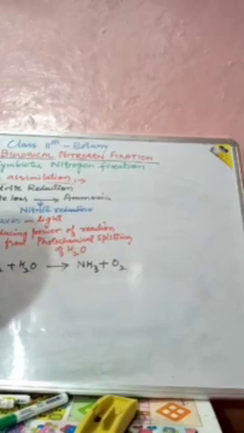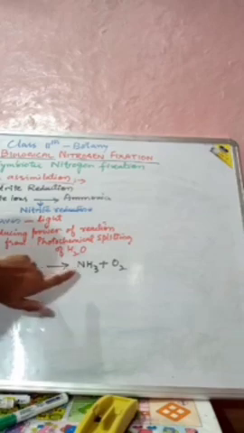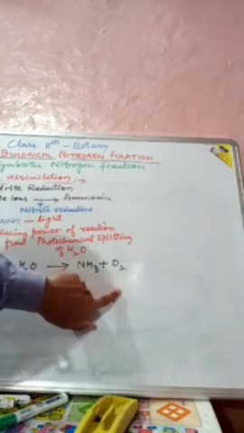So this nitrite ion HNO2 plus water gets converted into ammonia and oxygen.